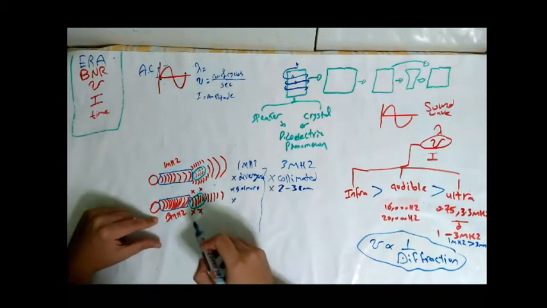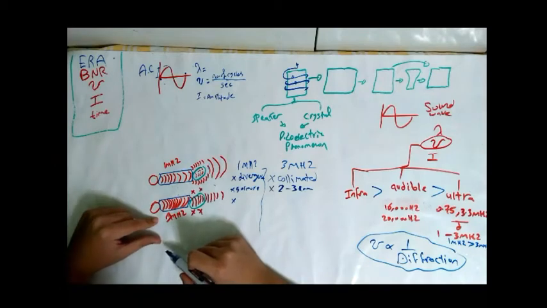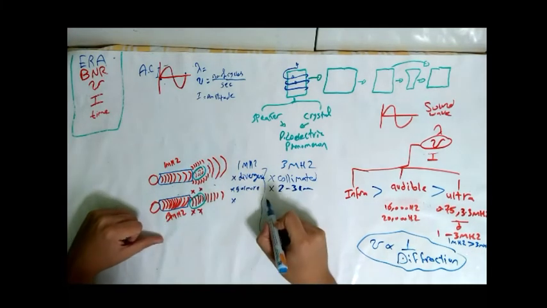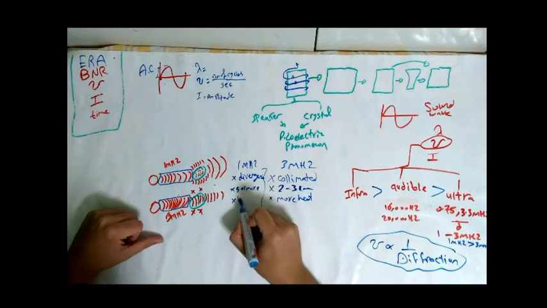Since this is kinetic energy, and energy is neither created nor destroyed, the kinetic energy will be converted to heat. So 3 megahertz will produce more heat than 1 megahertz. So more heat, less heat.